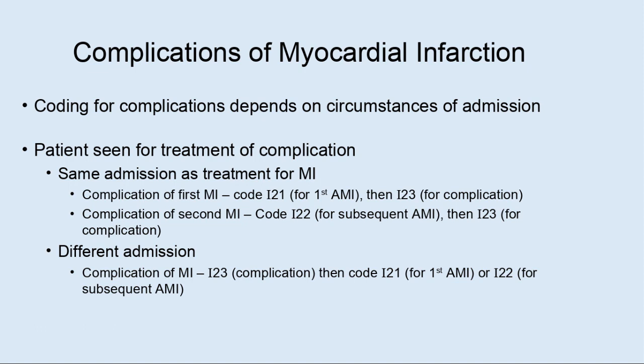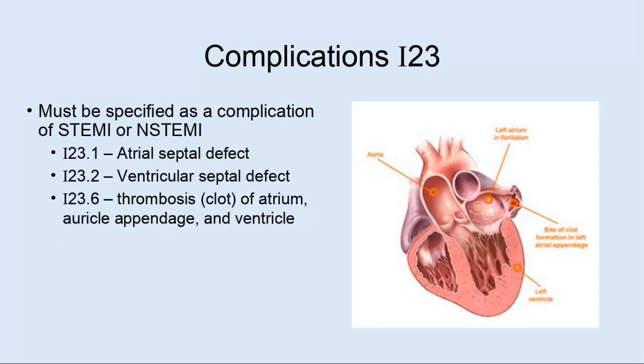So timing, again, is everything. Just like the 28 days, complication is very important. For I23, the complication must be specifically tied to the MI. If this is not clear, ask the physician.